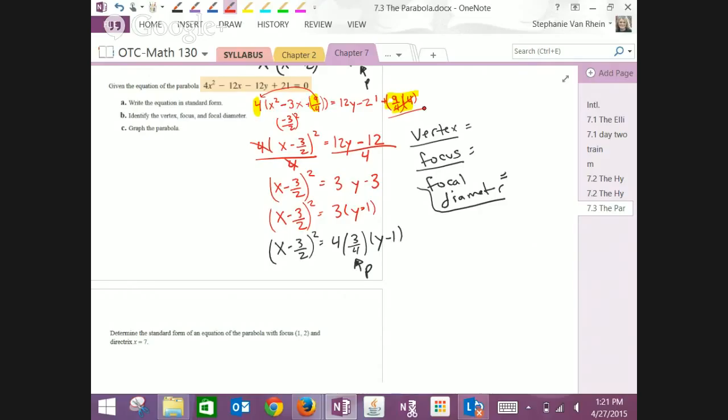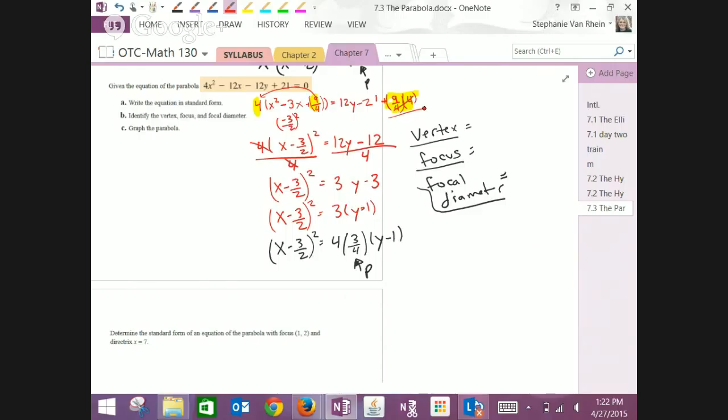So really, the graph helps you visualize. Am I moving up? If I'm moving up, I only change the y value. The x values are going to be the same. If I'm opening to the left or the right, then my y values are all going to be the same, and I'm only changing x.